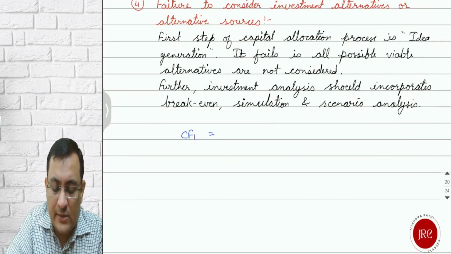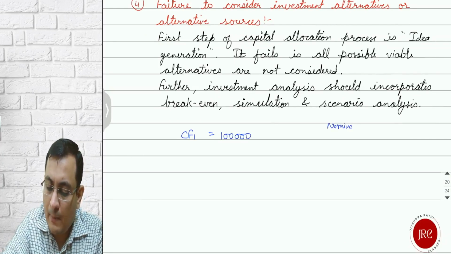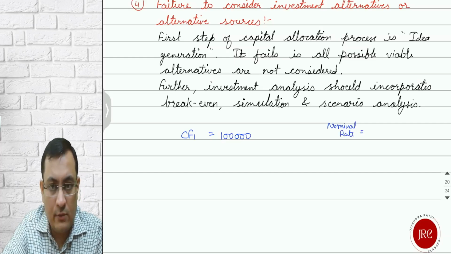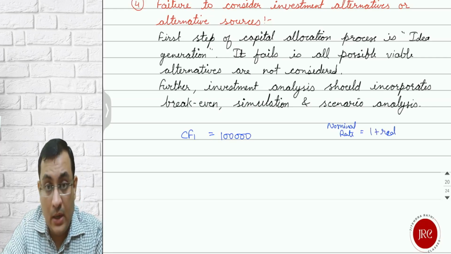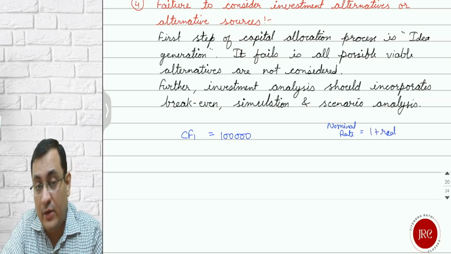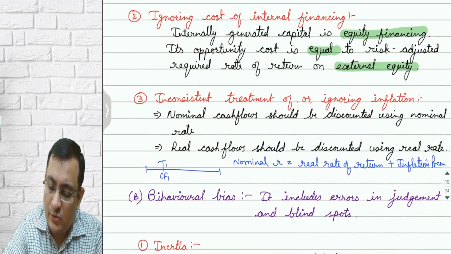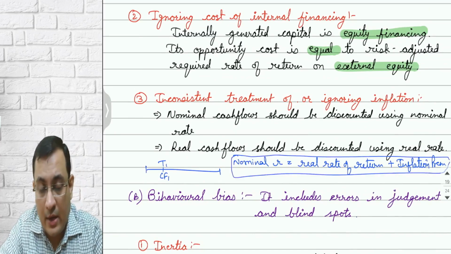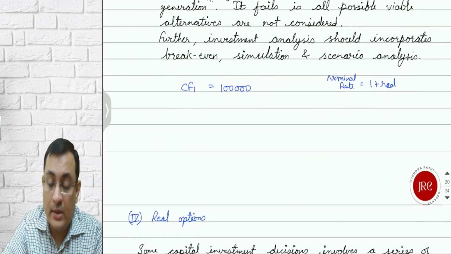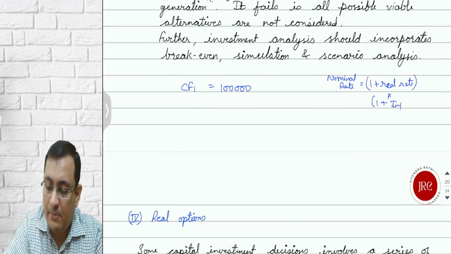Let's take the numbers. Say your CF1 is 100,000. The nominal rate is 1 plus real rate, multiplied by 1 plus inflation premium, minus 1, multiplied by 100 because it is going to be a rate. Real rate and inflation come in the multiplicative property, not the additive property. In simple terms, we generally write the additive equation, but in reality it does not follow the additive property.